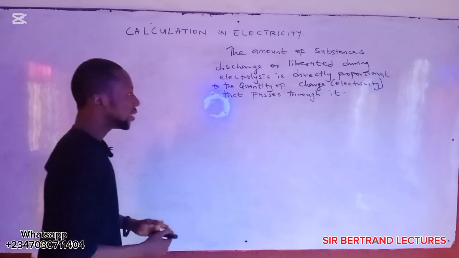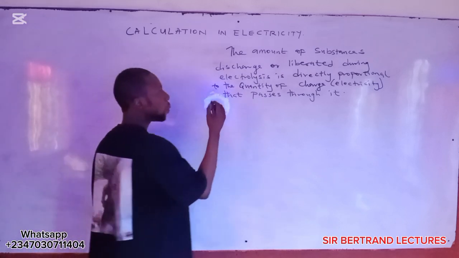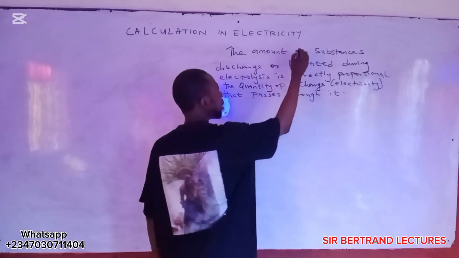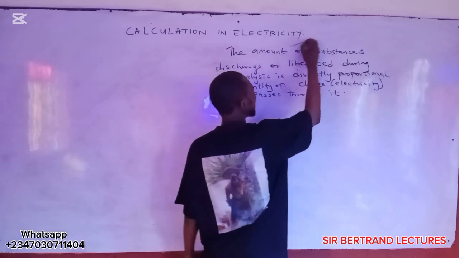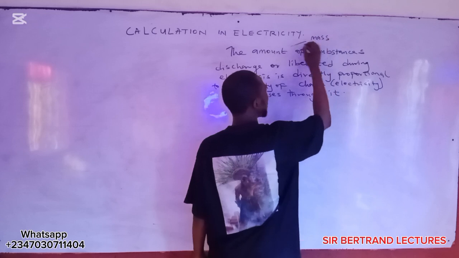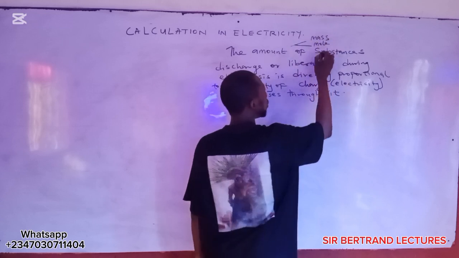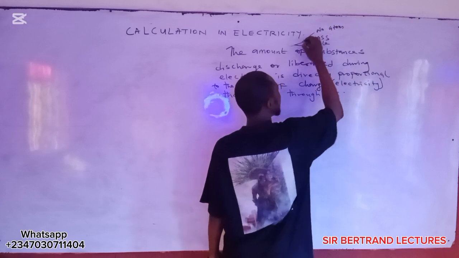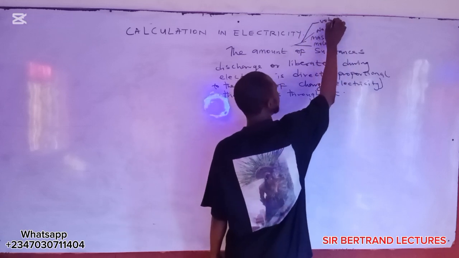This amount of substance is described as the mass. It can be the mass of substance, it can be the mole, it can be the number of atoms, it can also be the volume.